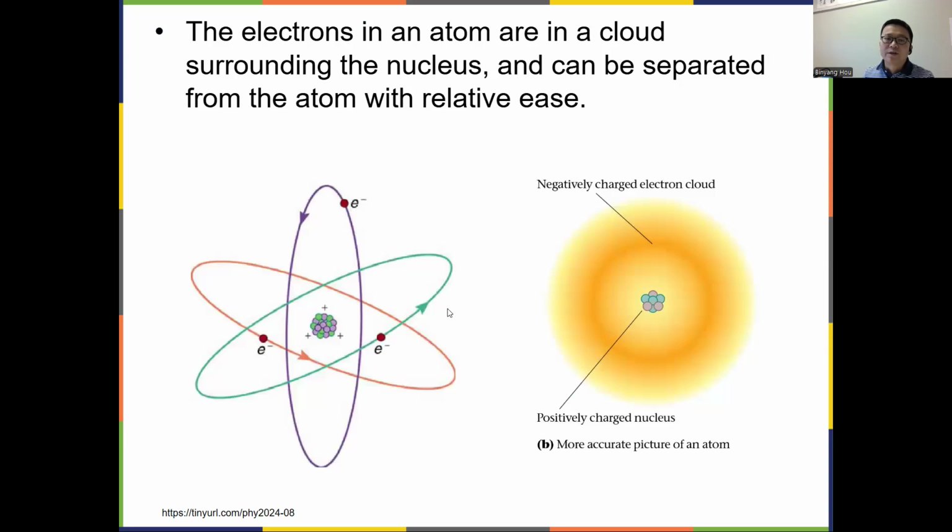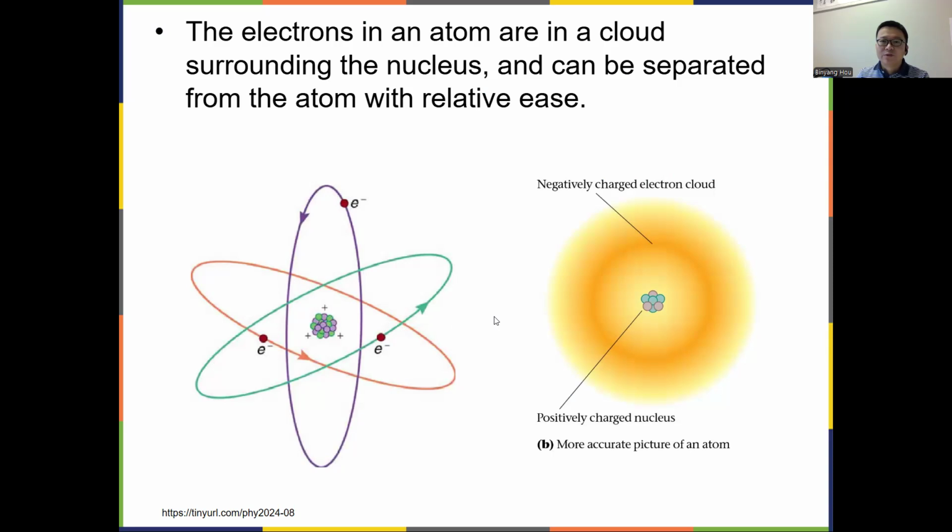So fundamentally, materials are made of atoms, and in the atoms, there are protons and neutrons in the nucleus, and then there are electrons orbiting around the nucleus. Electrons are so-called negatively charged. Depending on what kind of material you have, different atoms have different tendencies of losing electrons or keeping them.